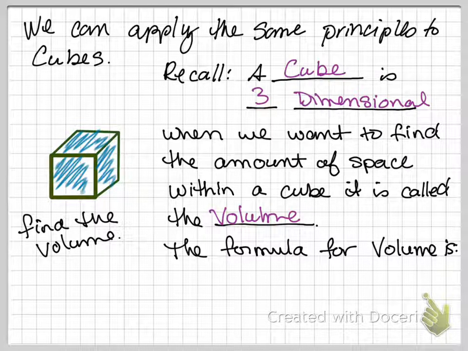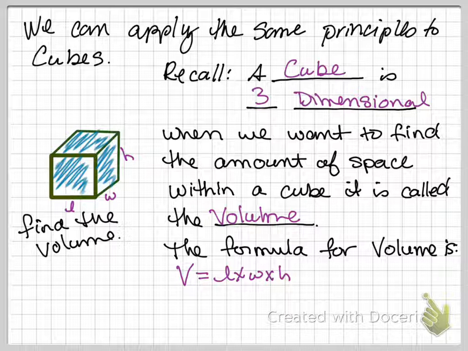So remember, if we want to find the volume of a square or rectangular prism, we go length times width times height. So the formula for volume is length times width times height.